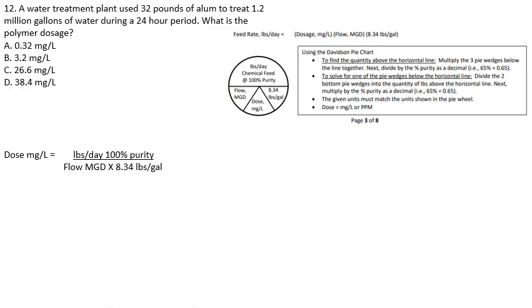So like with all math problems, your knowns and your unknowns. So we have our formula here, pounds per day. We're assuming it's 100% purity because it doesn't tell us otherwise. We divide it by flow in million gallons times 8.34 pounds per gallon.